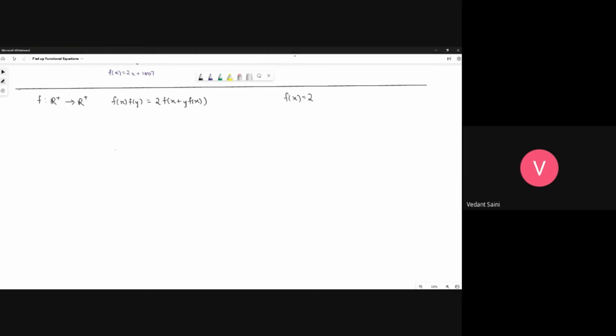I'll probably write up a problem for you to try. If anybody has seen the previous problem, they can try this one.